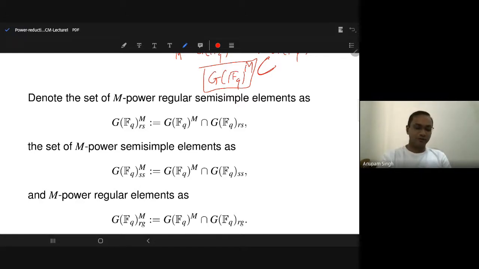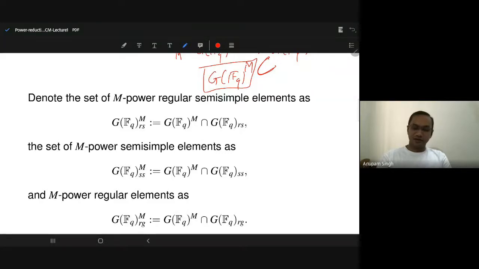But that is not what I am looking at here. I'm looking at the image of the power map, and in that image set, I want to see whether there are regular semi-simple elements. This is slightly different from saying that I will look at the image of regular semi-simple elements. So keep this in mind.